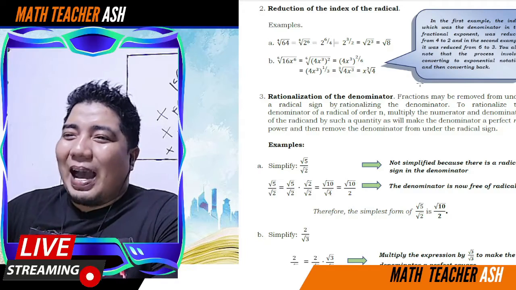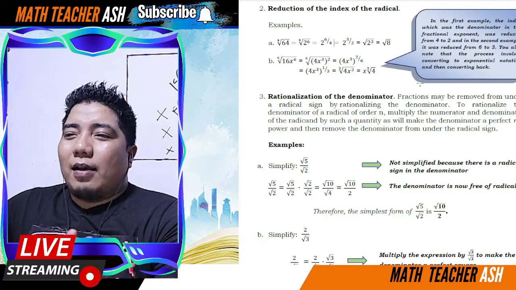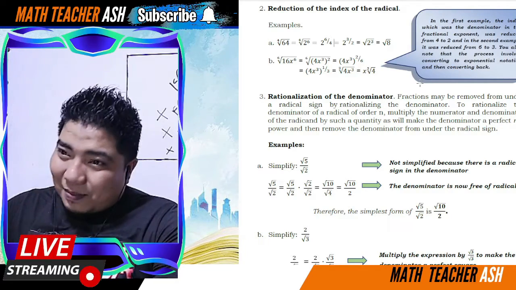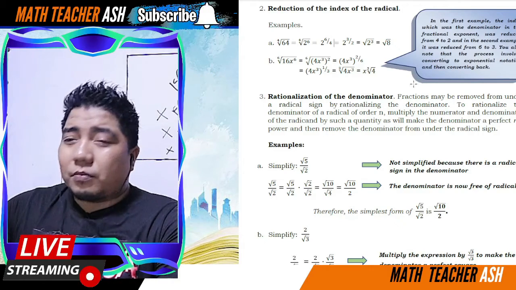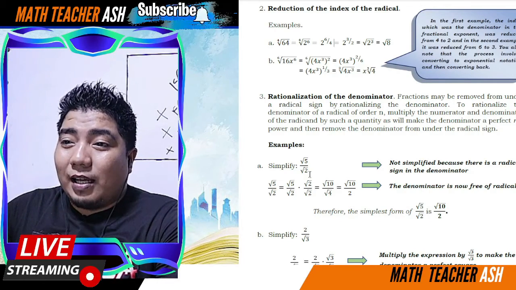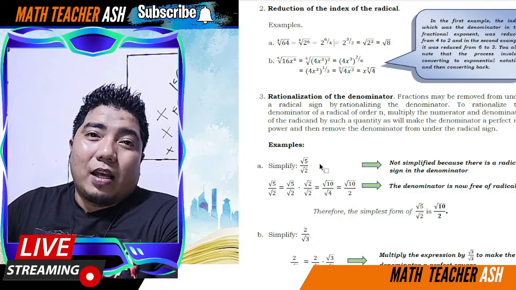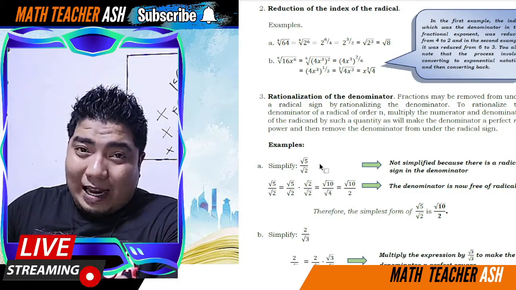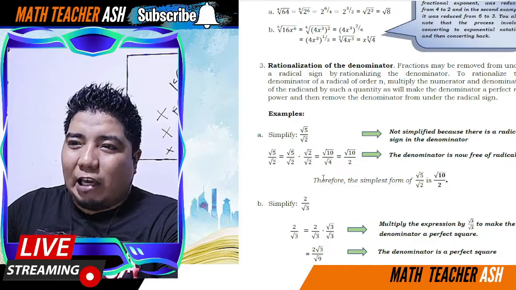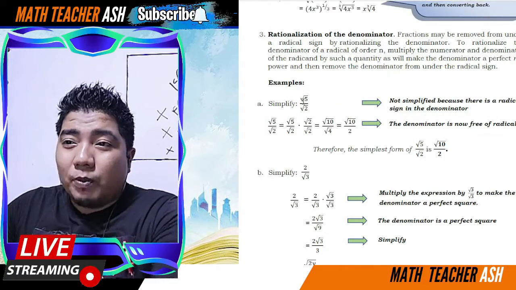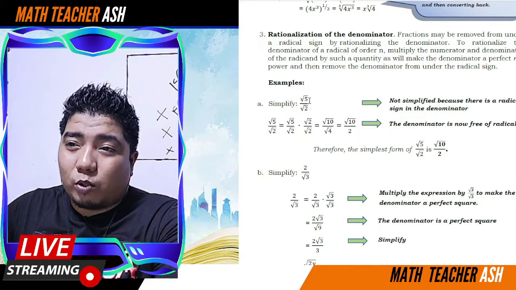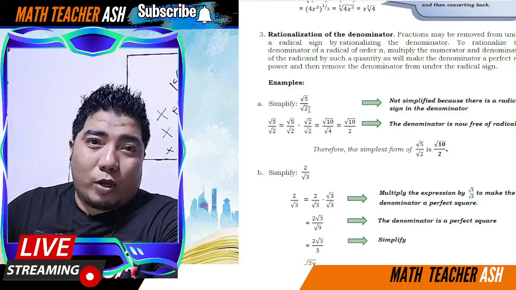Okay? So, bakit? Kasi bawal po magkaroon ng, anong tawag dyan? Radical symbol sa denominator side, katulad nito. So, ang tawag dyan, what you will do is to rationalize this given. Okay, because as we all know, the square root of 5 over square root of 2, the square root of 5 cannot be divided by square root of 2.